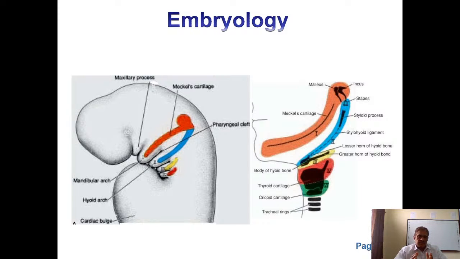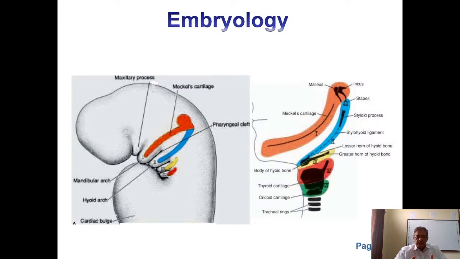These are the components for each arch, and each arch is separated from one another on the outside by a small depression or a notch, which is called the cleft. The outside is called the cleft, whereas from inside, that is from the endoderm, the cleft is called the pouch. This is what you should basically remember.